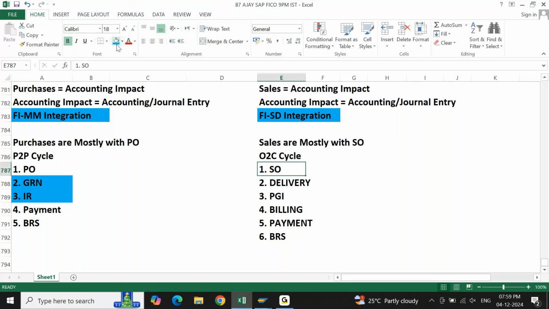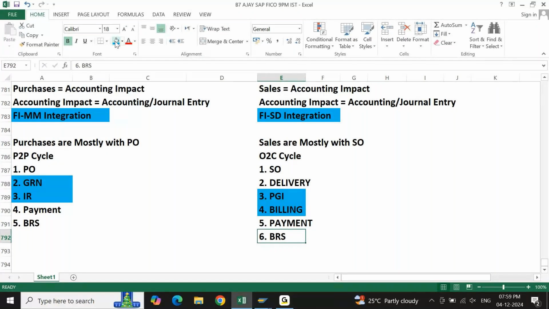Yes, there is an accounting entry. Billing, is there any accounting entry? Yes, we have. Payment, anything to do with SD or is it pure accounting? Pure accounting. BRS also, it is purely accounting entry.